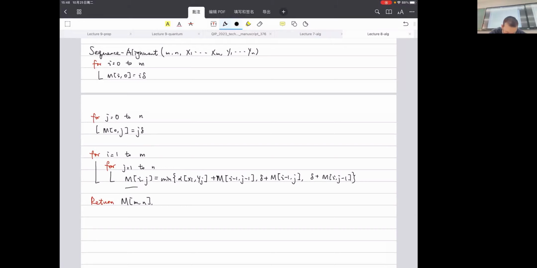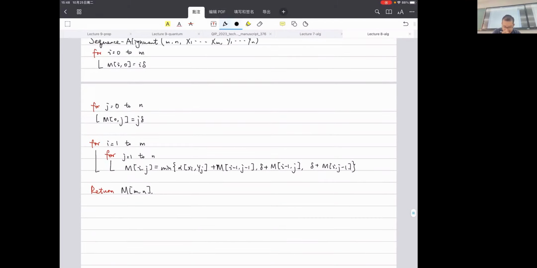This line is the most important line of this algorithm. Based on our discussion, the OPT of this sequence alignment depends on the case: whether at the end of the strings, xi and yj are matched, or the OPT leaves xi unmatched, or leaves yj unmatched. We have these 3 cases, we take a minimum among them, and we can solve this sequence alignment.